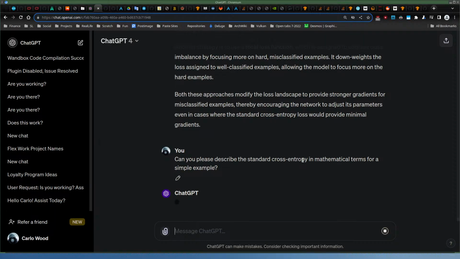Again a typo. I meant to type cross entropy loss, of course.